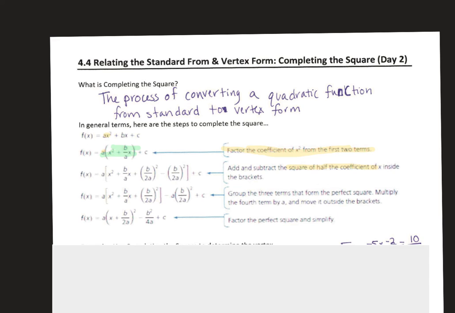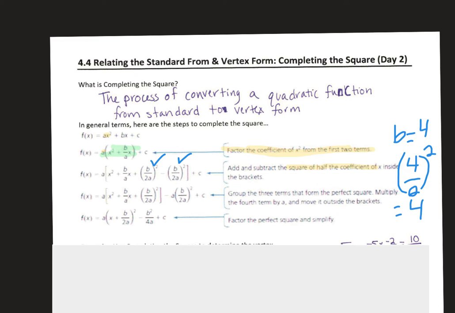So for example, let's say that b was equal to 4. We take 4, we cut it in half, and we square it. So 4 divided by 2 is 2. 2 squared is 4. So we would take that 4, we would add it inside of our brackets, and then we would subtract it inside of our brackets.